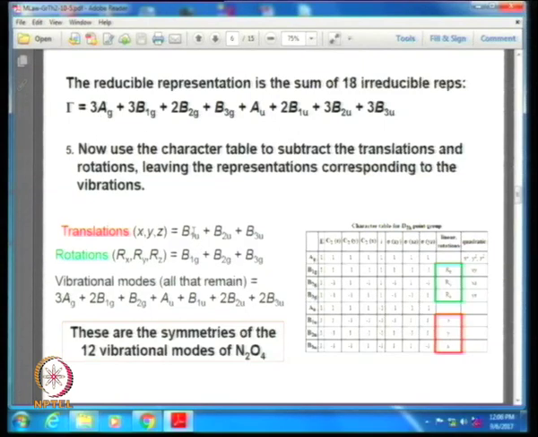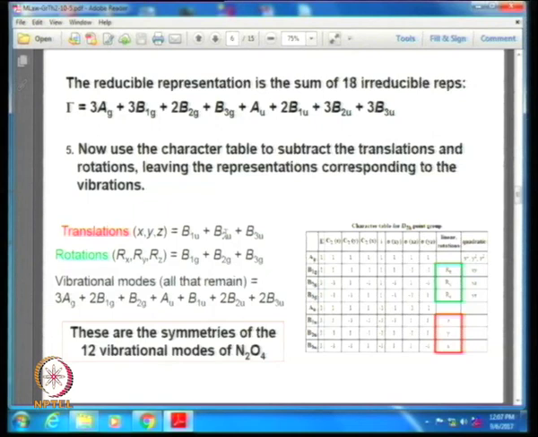Okay, so B1u is here, it has weightage 2 here, we knock one of them off and we are left with 1 B1u. So let us see, 3 Ag, because Ag is not to be removed, but B1u should be only 1, yeah, so 1 B1u. So this 2 B1u becomes 1 B1u.